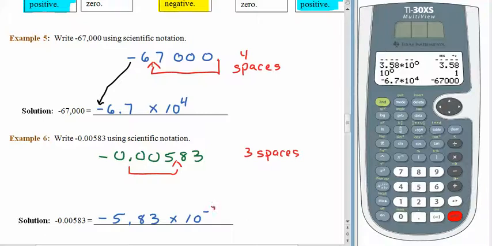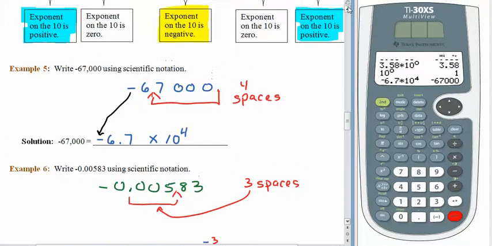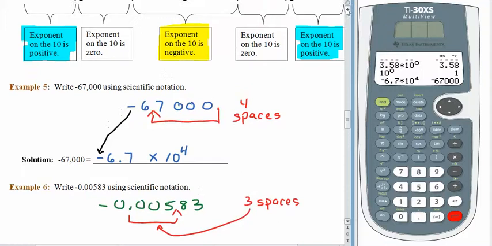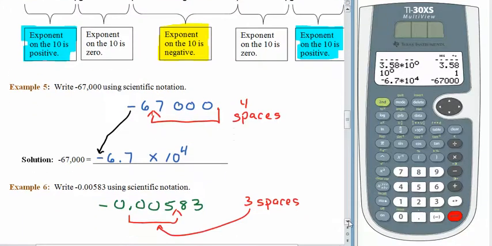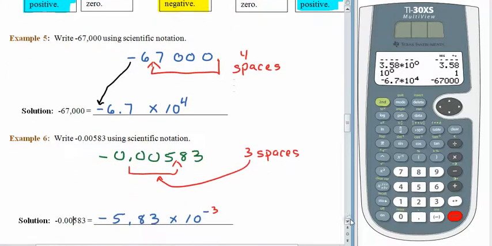This 3 needs to be negative because, where is 0.00583? It's in this yellow region over here. It's something very close to 0. This is a tiny number. The negative sign just sort of comes along for the ride.